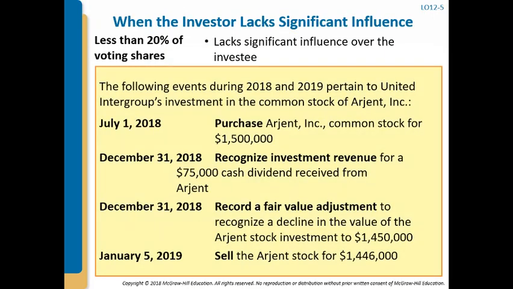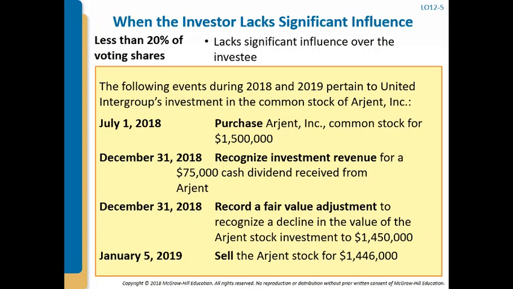So anyway, here we have a situation where the investor lacks significant influence, and so they purchase common stock. The investor is United Intergroup, and they invest in the common stock of Argent Incorporated, and they pay $1,500,000 for the common stock.